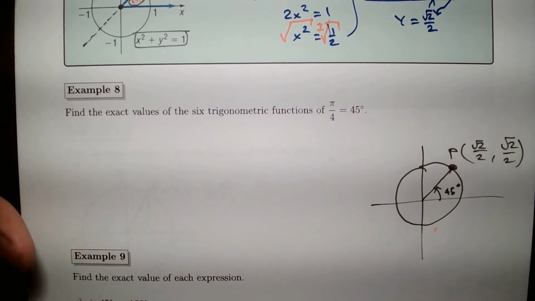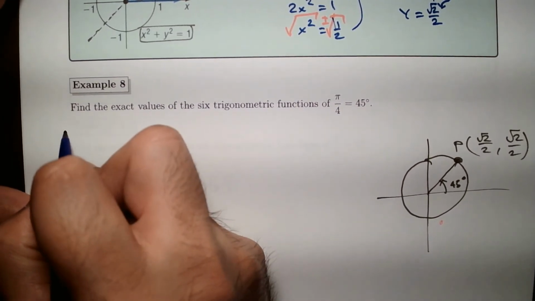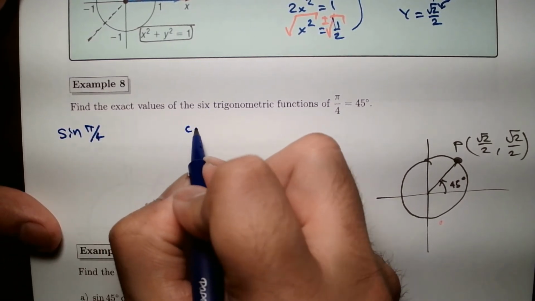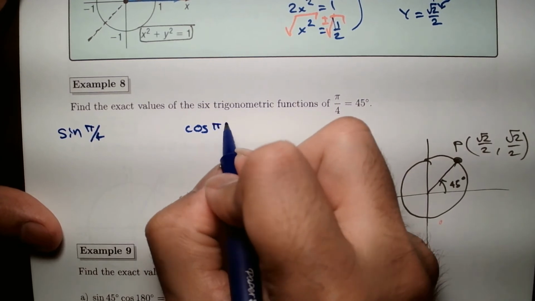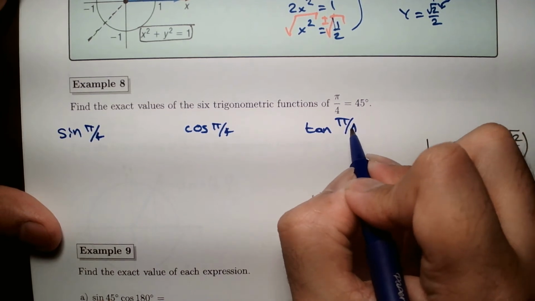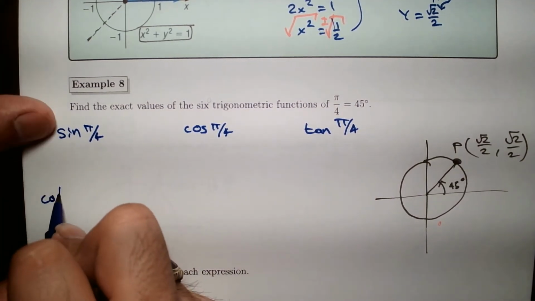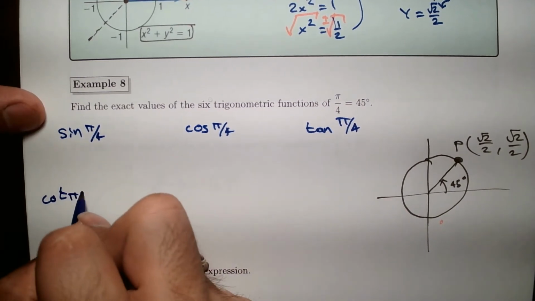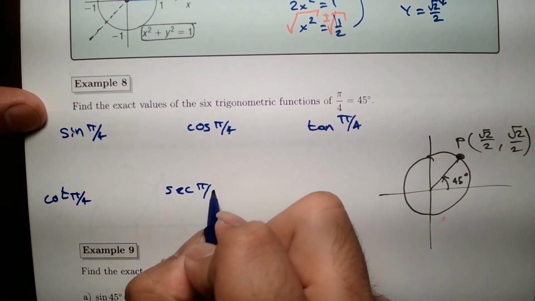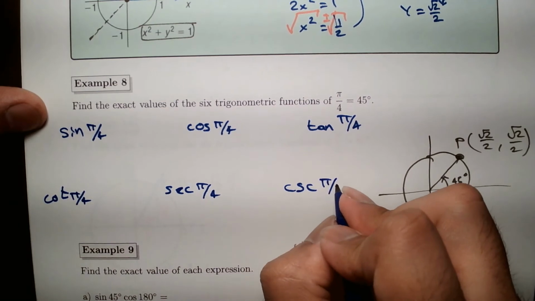Okay, so let's list every single one of them. Sine pi over 4, cosine pi over 4, and tangent pi over 4. Then we are going to define cotangent pi over 4, secant pi over 4, and cosecant pi over 4.